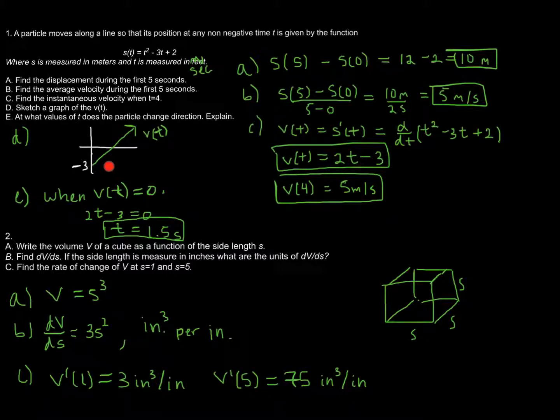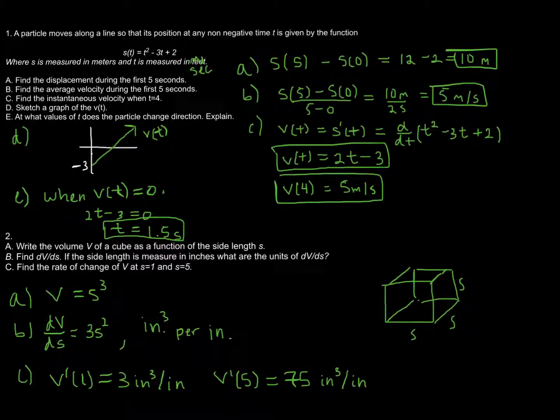Imagine that you're traveling and you can either travel left or right. Traveling left would be a negative direction and traveling right would be positive. Well, then you're traveling to the left for a while, and then at some point you're going to start traveling back to the right. At that moment when you switch direction, your velocity is going to be hitting 0.